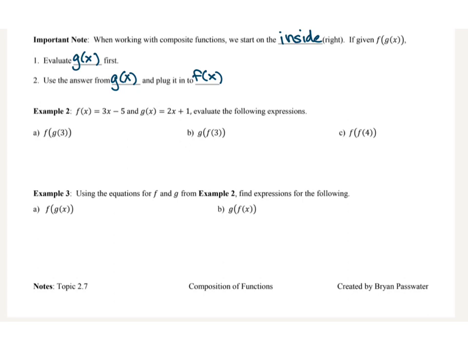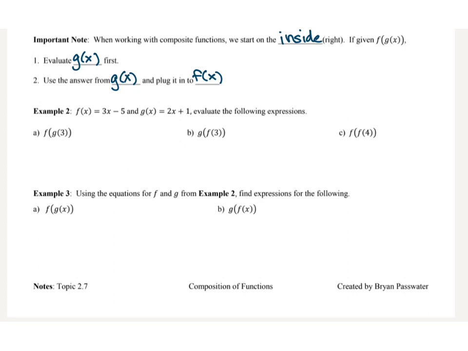All right, so here we go. We've got two different functions: f of x equals 3x minus 5 and g of x equals 2x plus 1. Evaluate the following expressions. First it wants f of g of 3.